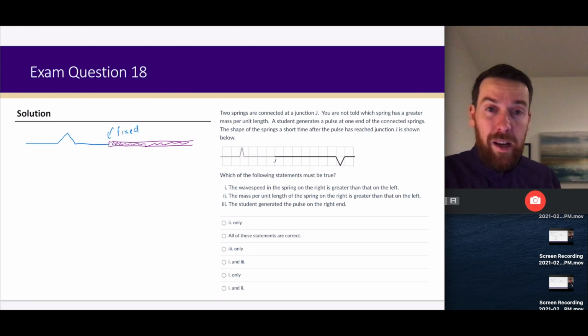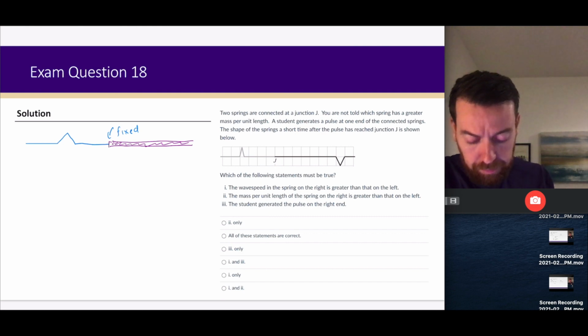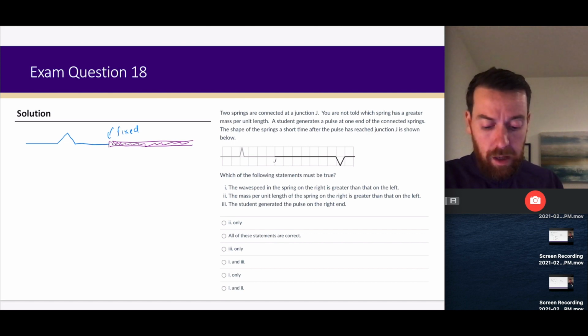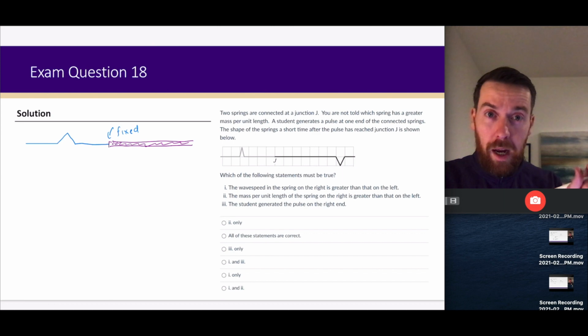In a fixed end reflection, we expect the reflection to be inverted compared to the incident, and the transmitted will of course have the same shape as the incident. It will be on the same side of the spring, but it should be slightly shorter because it's moving slower in the material with the greater linear mass density, and it should be closer to the boundary than the reflected.